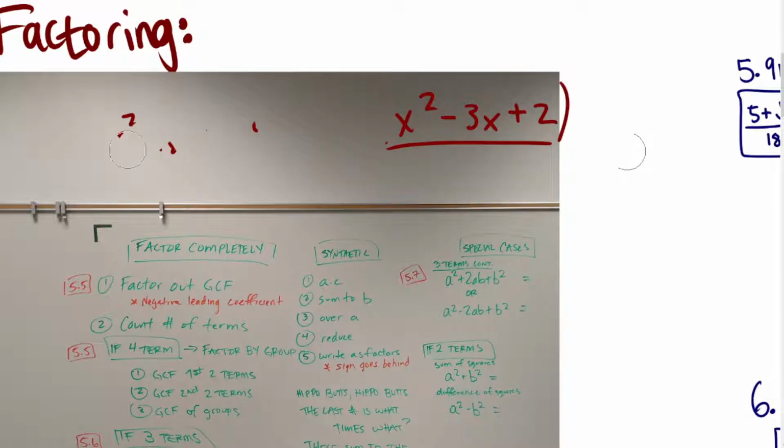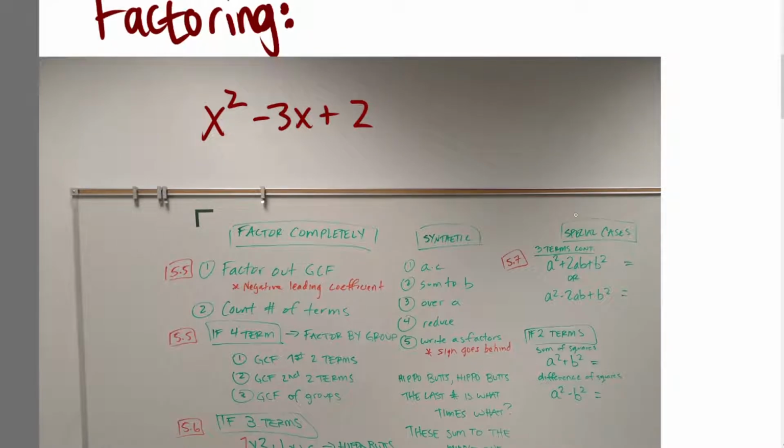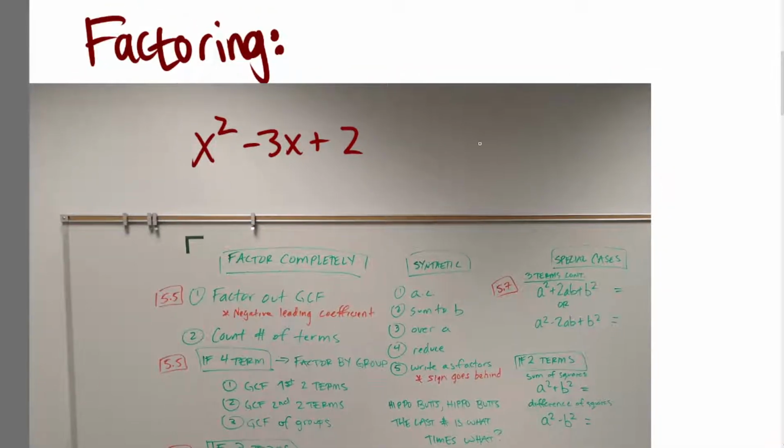We're going to ignore that we took out the greatest common factor for now, just so we can make things simpler. We have x squared minus 3x plus 2. With Hippo Butts, for the future, there's another thing that is important to keep in mind, and it is the standard form equation.